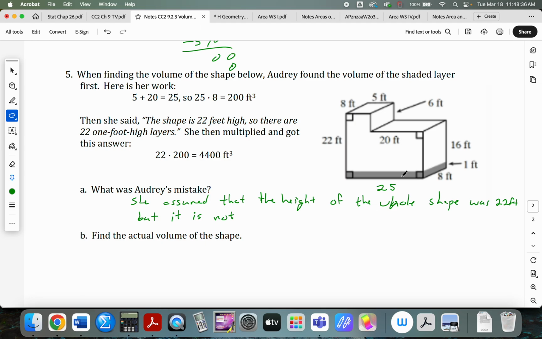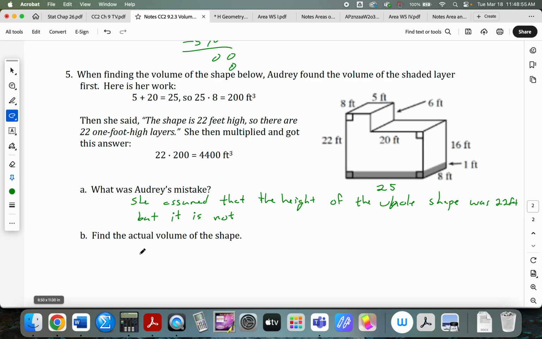Would all the layers be exactly the same then? Yes? Okay, so if all the layers are exactly the same, I just need to find the area of the front and then multiply it by how many layers I would have going back.